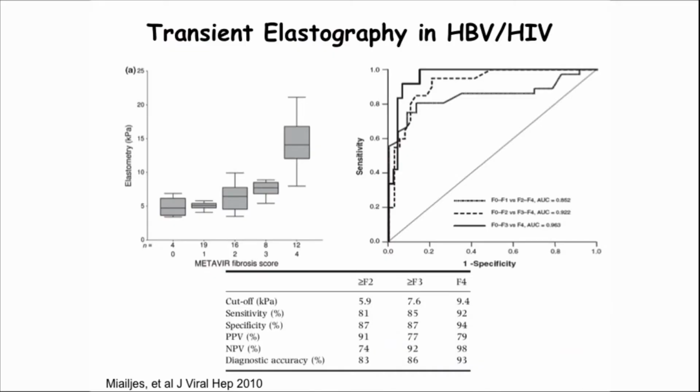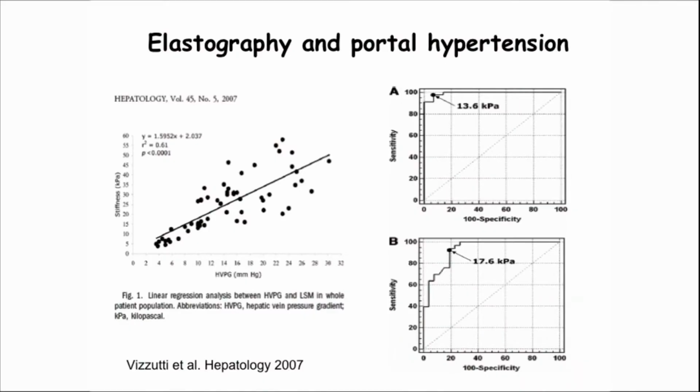So how does it work in the context of hepatitis B? As I said to you, cutoffs are very, very different, and we really need more data to validate elastography in the context of hepatitis B, and particularly in the context of hepatitis B and HIV co-infection. The other thing that elastography or Fibroscan is very useful for is predicting portal hypertension and risk of esophageal varices.